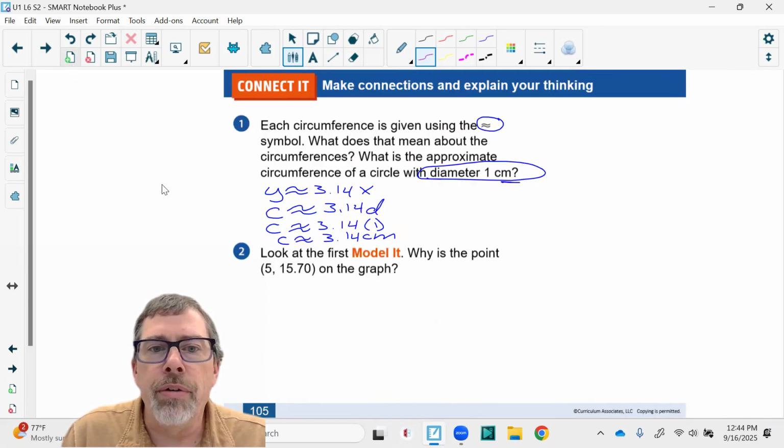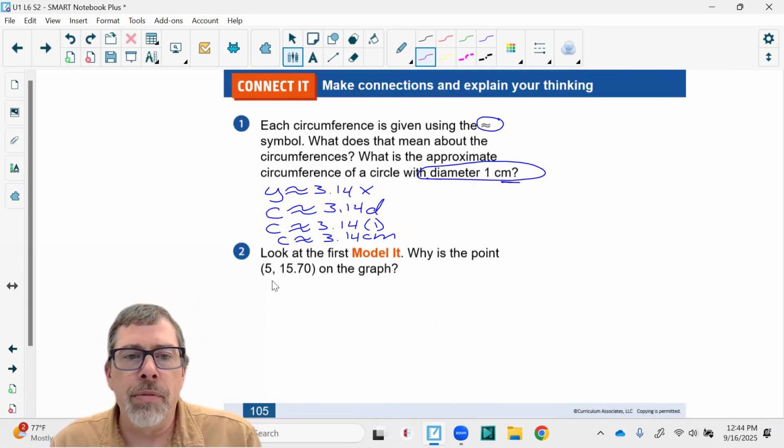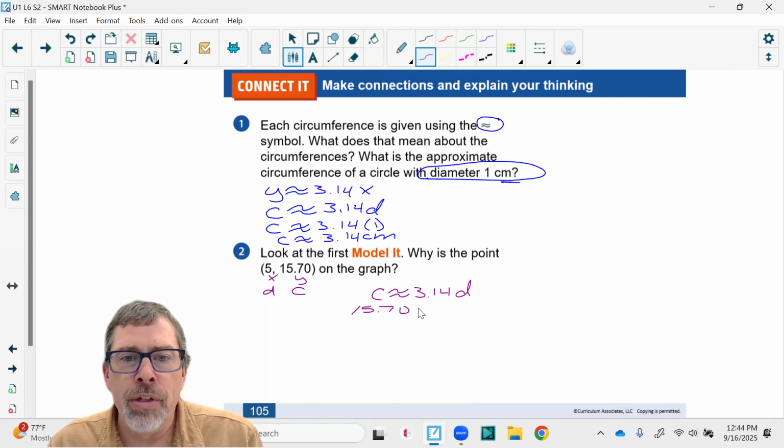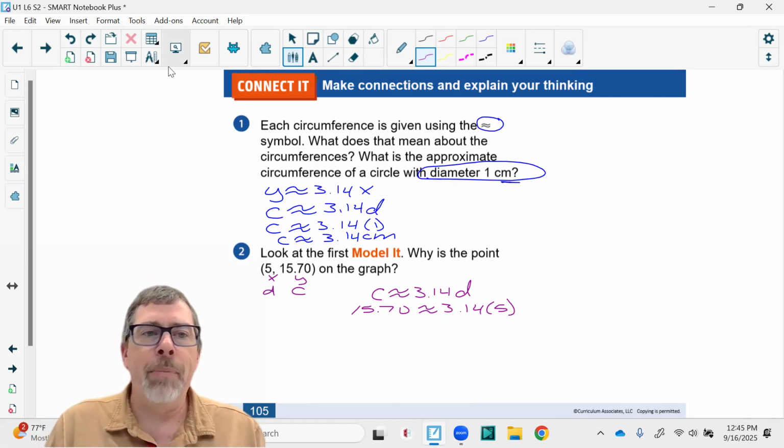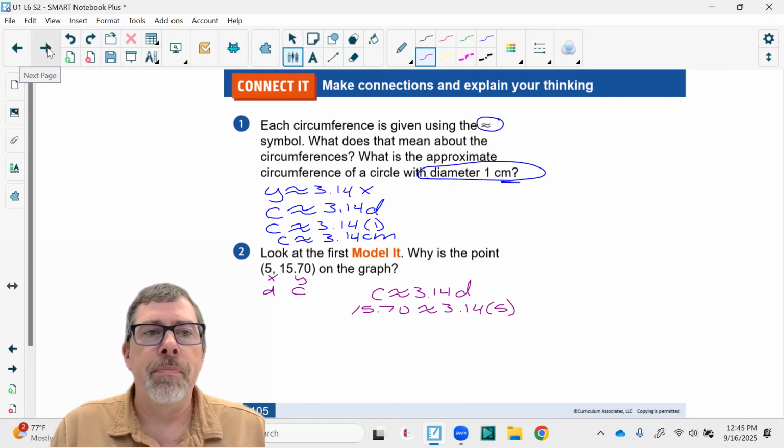What this means is, well, this is X and this is Y, and in this case, this is our diameter and this is our circumference, D and C. So you'd say C is approximately 3.14D, and therefore 15.70 should be approximately 3.14 times 5. And when you multiply that, that's exactly what you get. And that is why that point is on the graph.